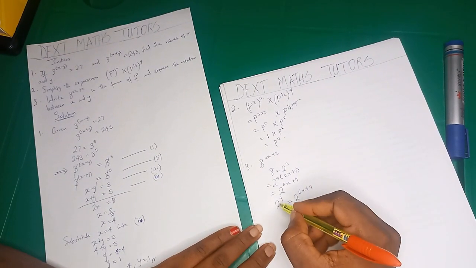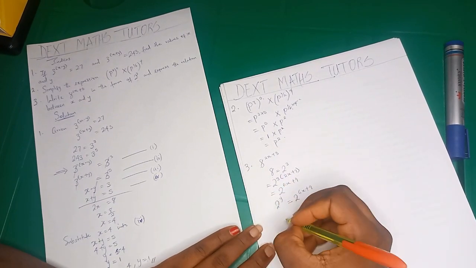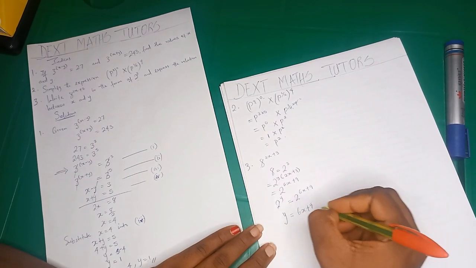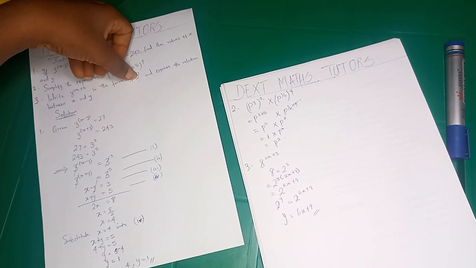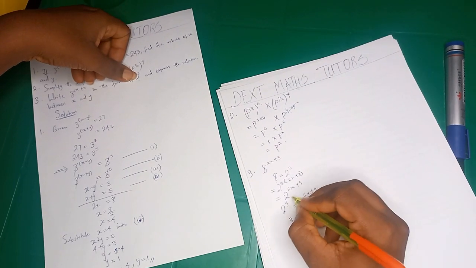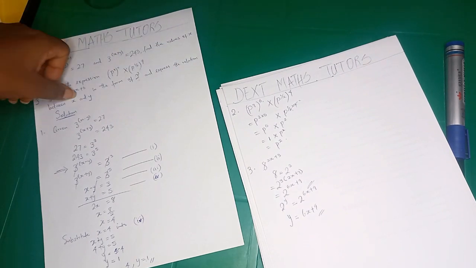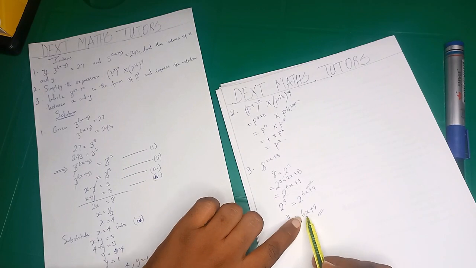From here, 2 can cancel 2 since they have the same base, to have our y equals 6x plus 9. It's that simple, because what they ask us is to express it in the form of 2 raised to the power y. That's what we just did here. This is one of our answers. And express the relation between x and y. This is the relation between x and y, because y equals 6x plus 9.